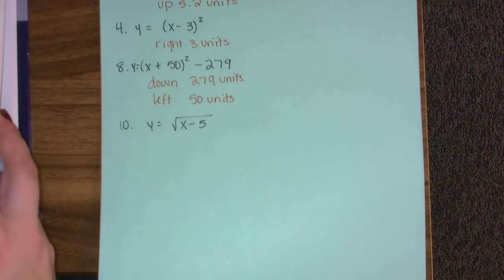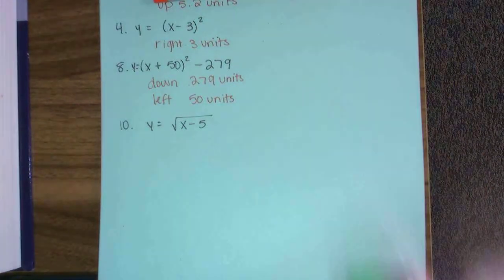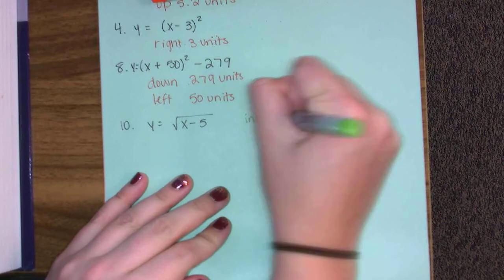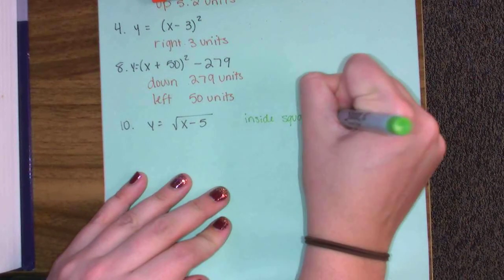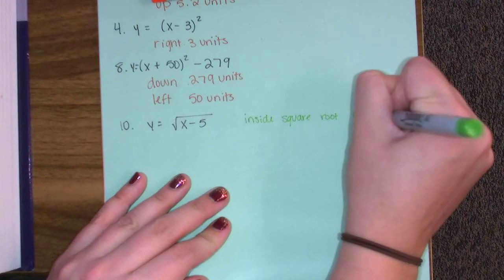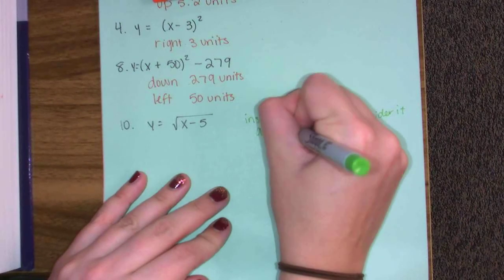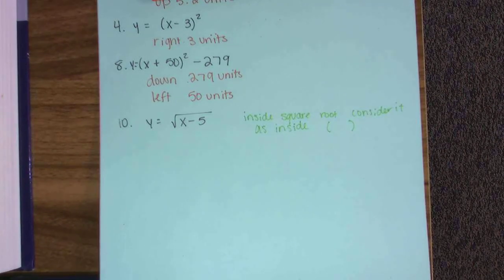Okay, yeah, with the square root ones, if it's inside the square root, consider it as inside the parentheses. So it's going to the right 5 units.